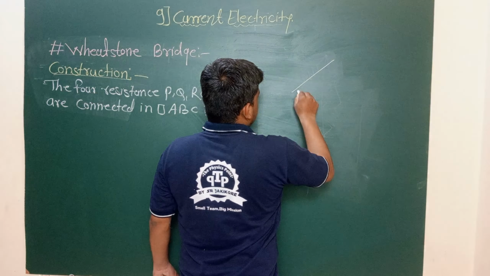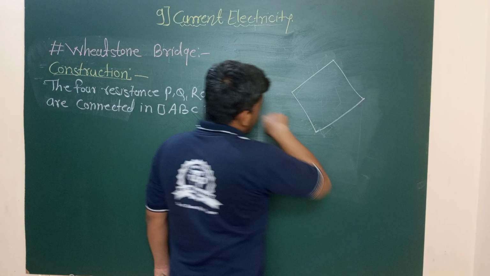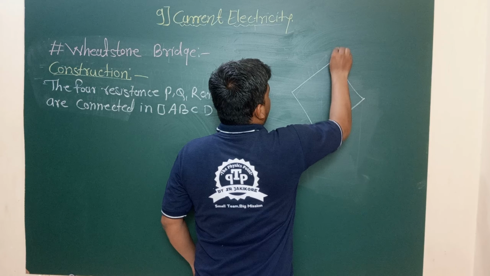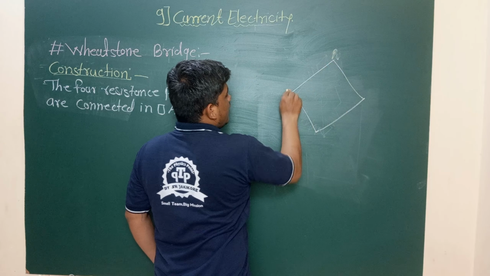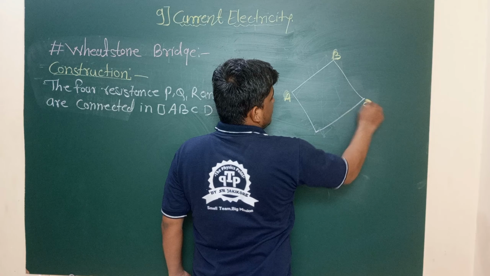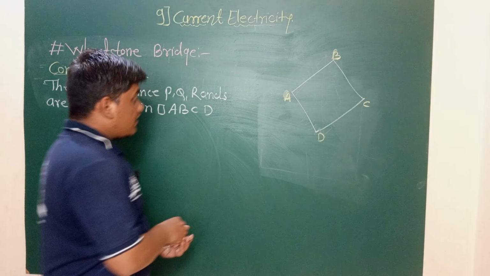Let's draw the construction. This is the quadrilateral A, B, C, D. This is the point A, B, C, and this is the point D. And the resistances are connected.